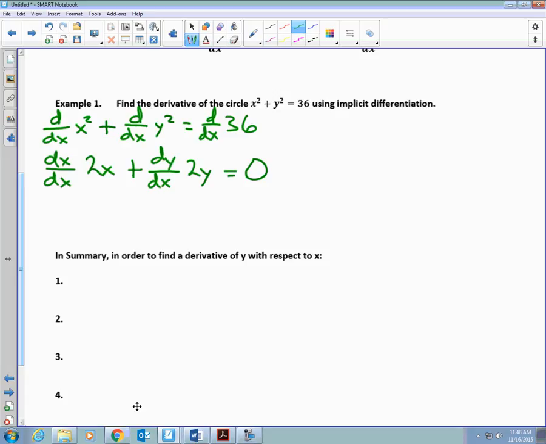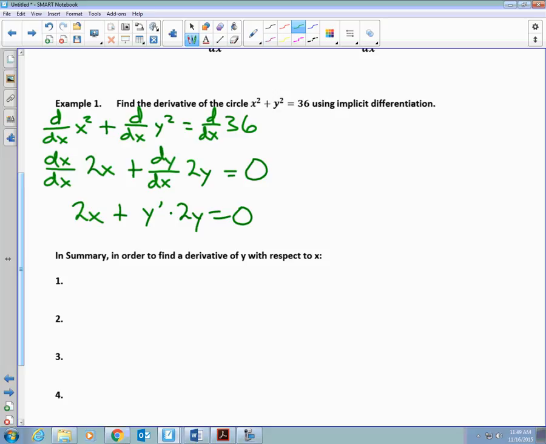That's 1. So you're just left with 2x plus the derivative of y with respect to x. Another way of writing derivative of y with respect to x, we've been writing it all along, is y prime. That's what derivative of y with respect to x is. Times 2y is equal to 0.